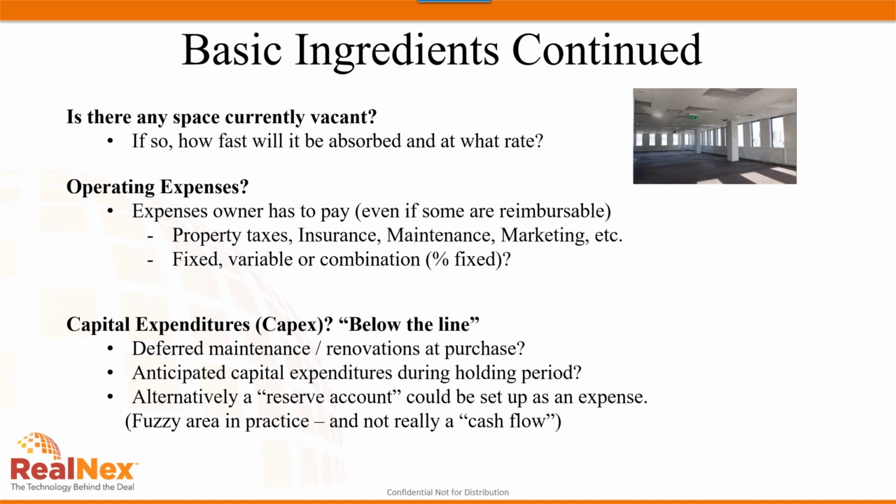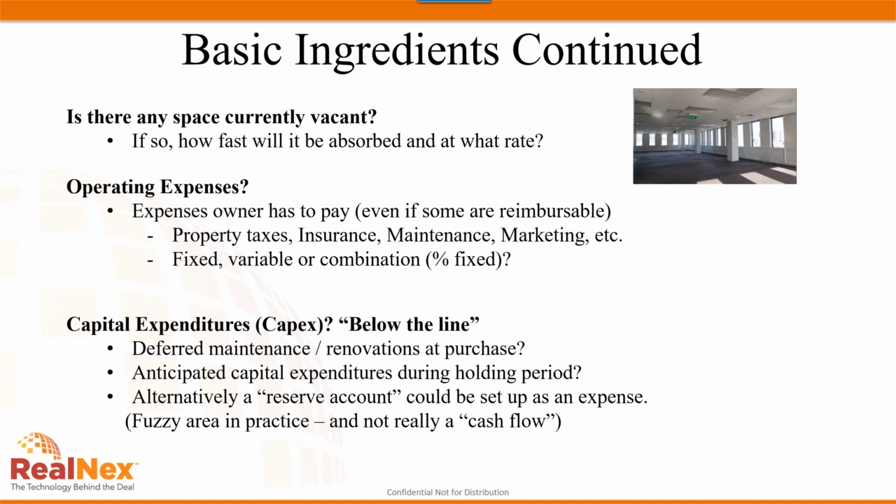In other cases, what you might want to do is say, well, what I'm going to do is put in a projection of an expense for replacing those items when I think it's actually going to occur, especially if it's a large item like replacing the roof, rather than saying I'm going to set aside money every year, which of course nobody actually sets aside any money every year, right? What you would do is project, well, in year 7, I'm going to have to replace the roof, so I'm going to put that in as a cash flow.